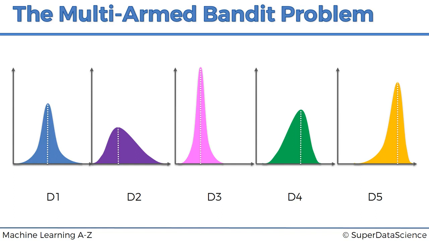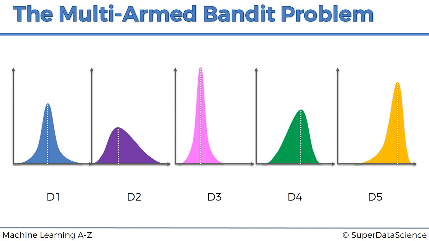Regret is mathematically defined, and if you want to read more about this, there's a really good white paper on it. It's called Using Confidence Bounds for Exploitation and Exploration Trade-offs, by Peter Auer from Graz University of Technology in Austria.